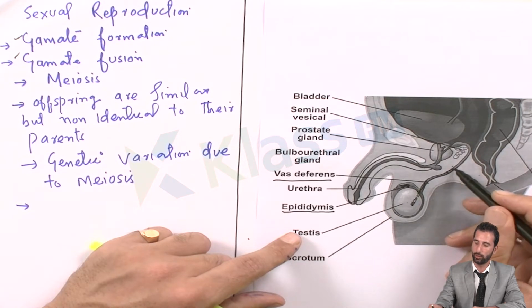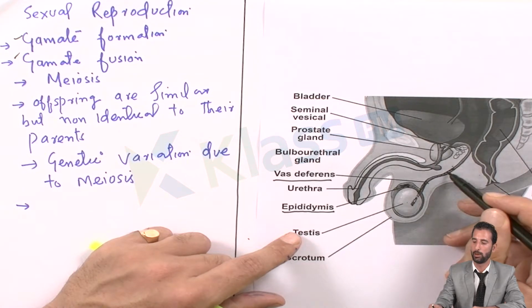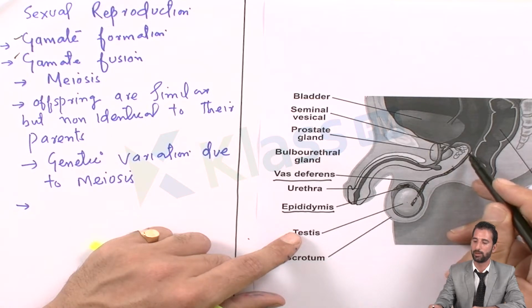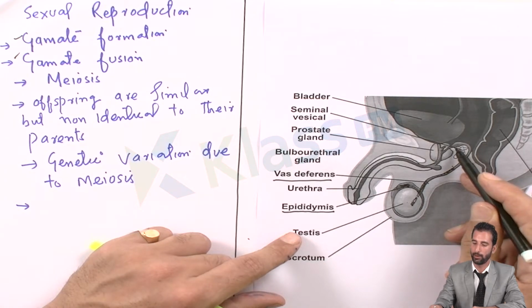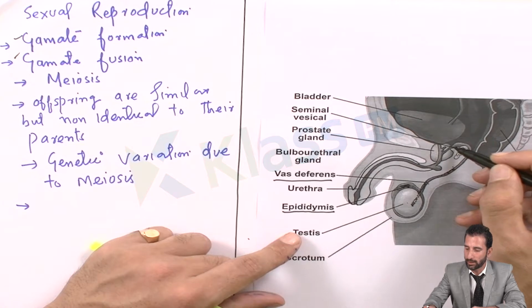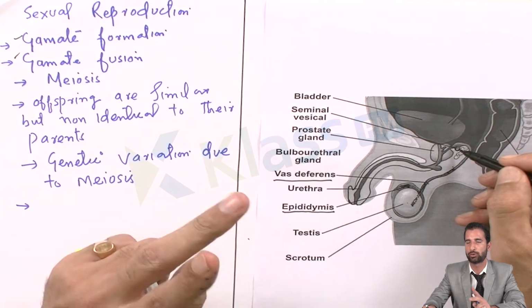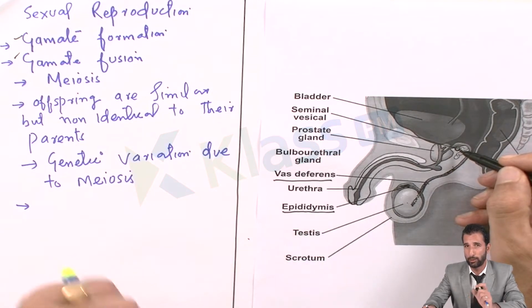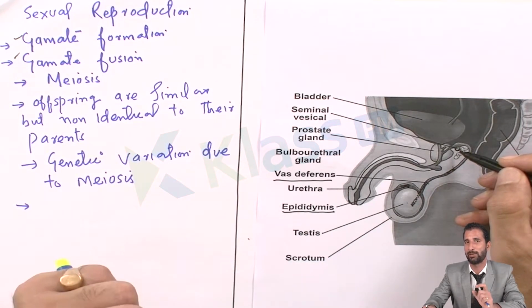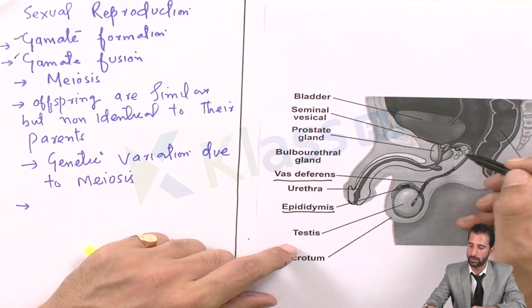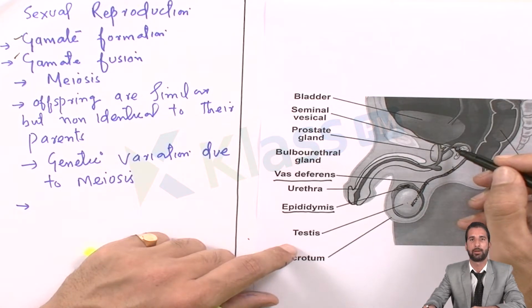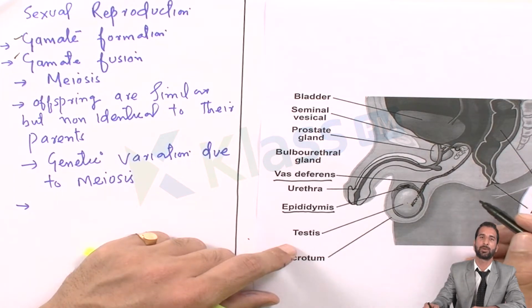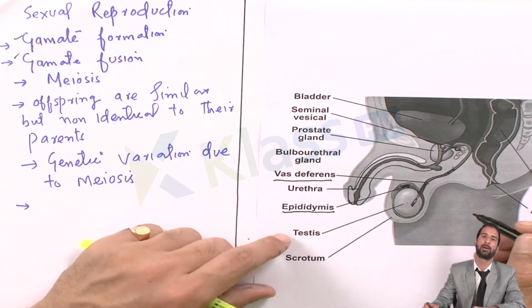During the movement of the sperm via the vasa deferens, ducts from the seminal vesicles, of which there are two, fuse with the vasa deferens. The seminal vesicle is responsible for secretion of semen.